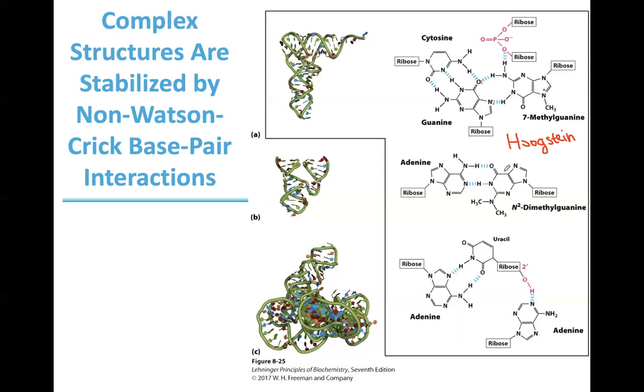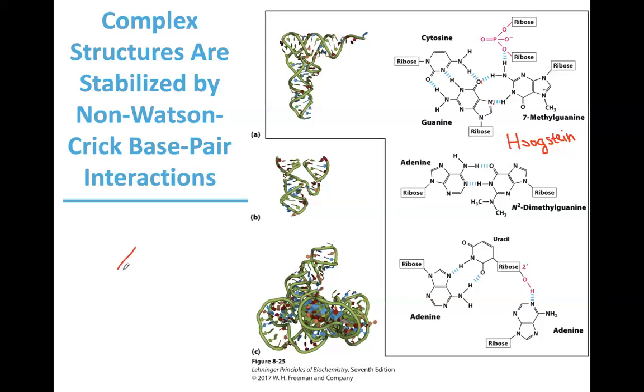So for example, we talk about double-stranded DNAs, but you can have triple-stranded, and you can have tetramers, where you have 4 strands running together, right? Quite common.